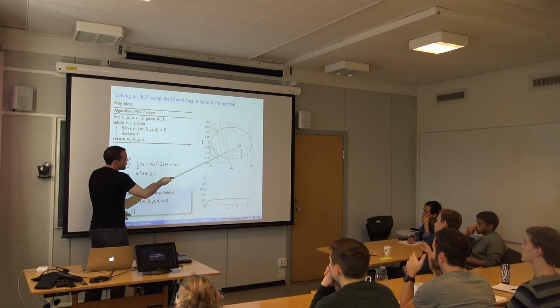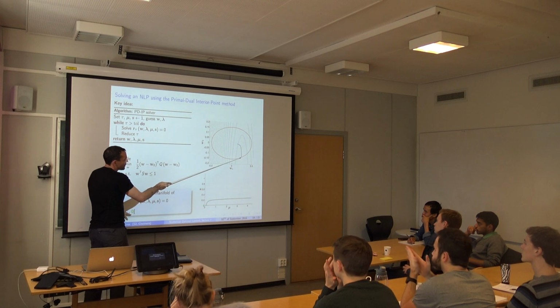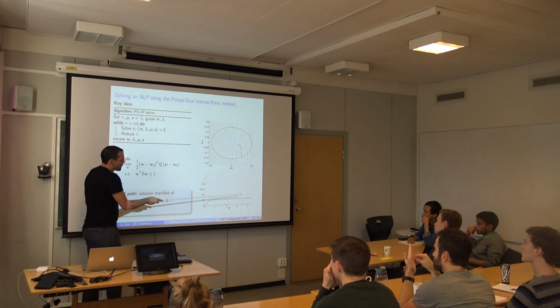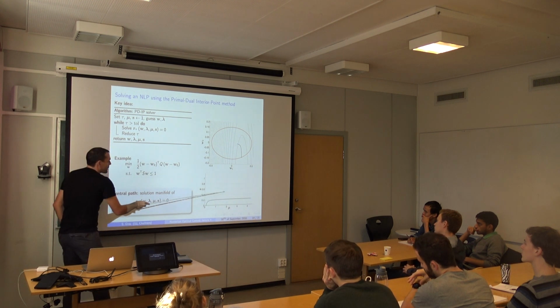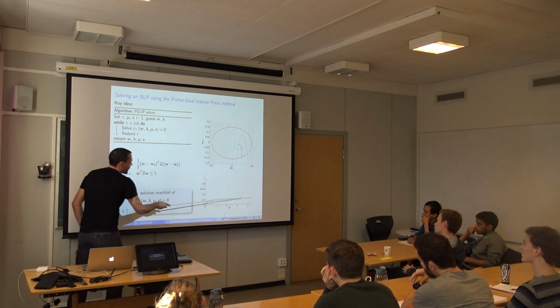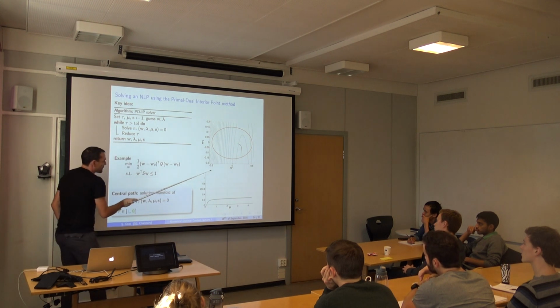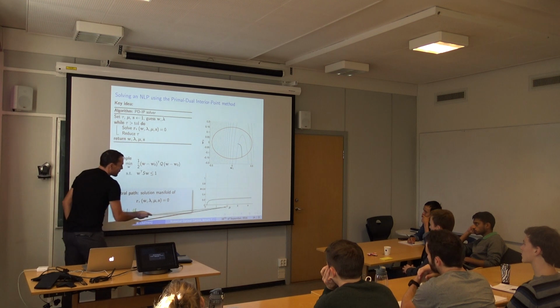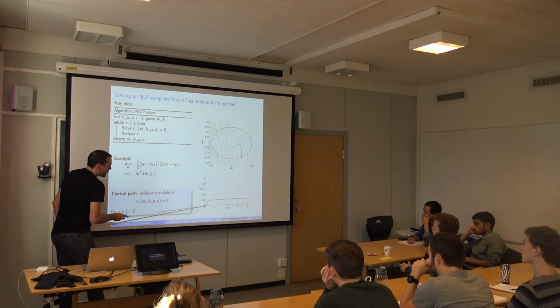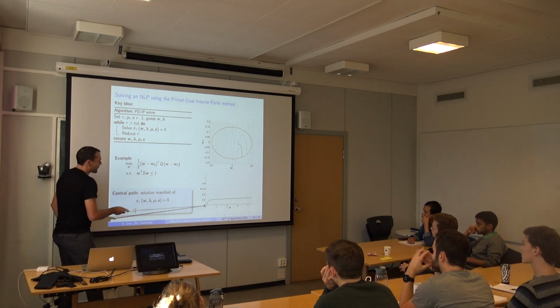So as tau is reduced, the solution will navigate all the way to the constraint. And same here. This point corresponds to a hyperbola that is very, very wide. And as tau decreases, you get to this hyperbola that is very, very, very close to the corner. And that's the end point of this path. So you go from here to here.